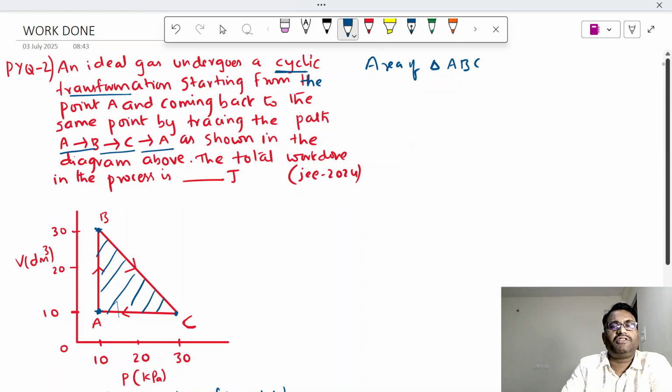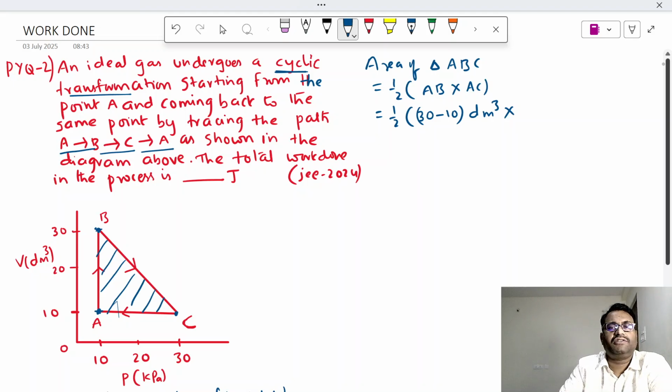Area of triangle ABC is equal to half into AB into AC, right? So half into AB, which is 30 minus 10 decimeter cube, into AC, which is 30 minus 10 kilopascal.